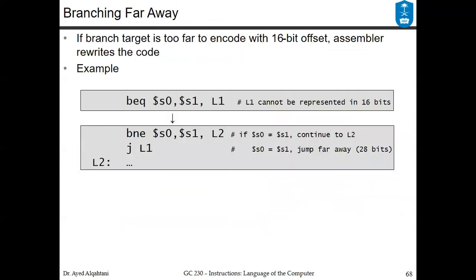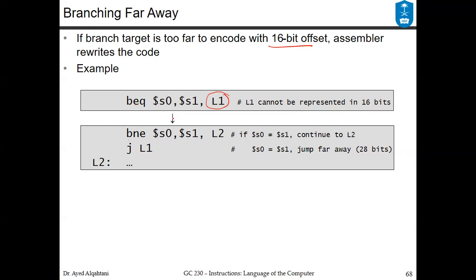Now, branching far away. If you are trying to branch, but here you are limited to 16 bits, and this L1 was really far away, somewhere that needs more than the 16-bit offset, so L1 at this point cannot be represented in 16 bits. So work around this problem. You could convert the branch equal to branch not equal.